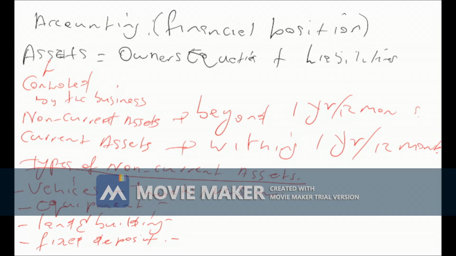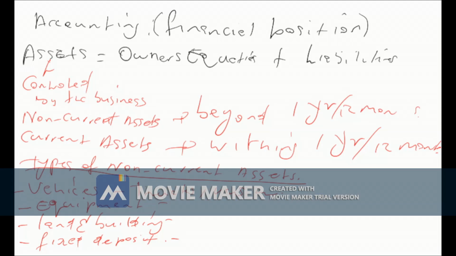About equipment, we can mention laptops or computers, and everything that is inside the administration or the offices of directors and more inside the business. Those things are called equipment.